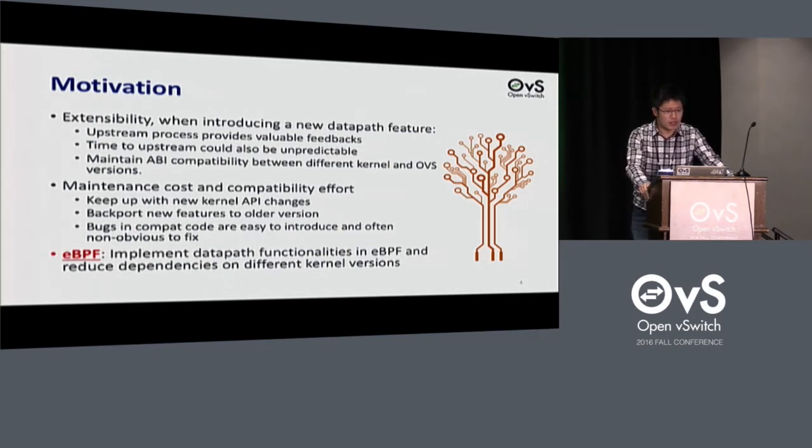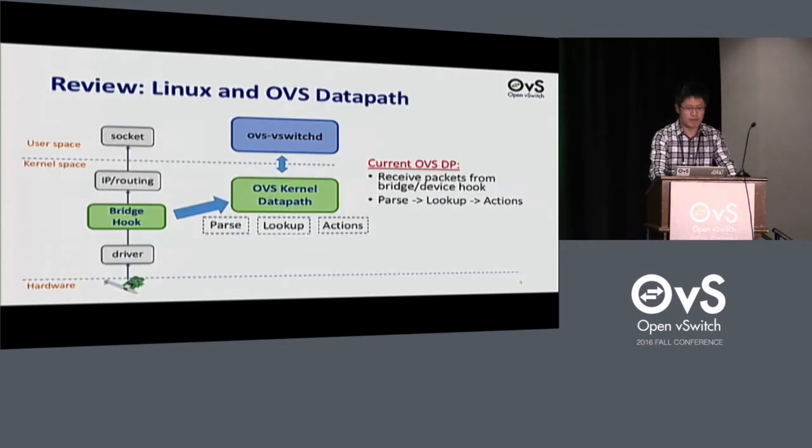So we hope that with the eBPF model, in the future we could implement all the data path functionality using eBPF programs. The hope is that as long as the kernel supports the eBPF virtual machine, we could load the OVS data path eBPF program into it, and reduce the dependency and compatibility issues on different kernel versions.